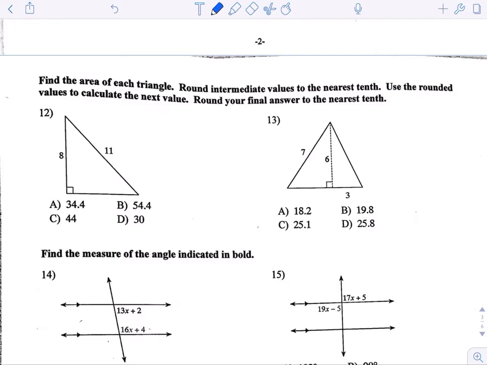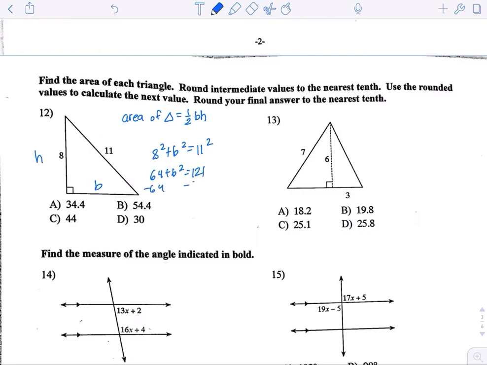So, in order to find your guys' area of a triangle, area of triangle is equal to 1/2 base times height. Here's the height, and here's the base. But in order to find the base, you guys have to use the Pythagorean theorem. So, 8 squared plus b squared is equal to 11 squared. 64 plus b squared is equal to 121.